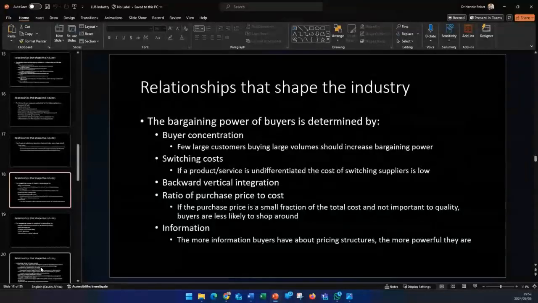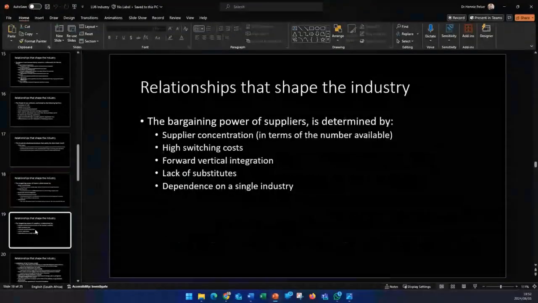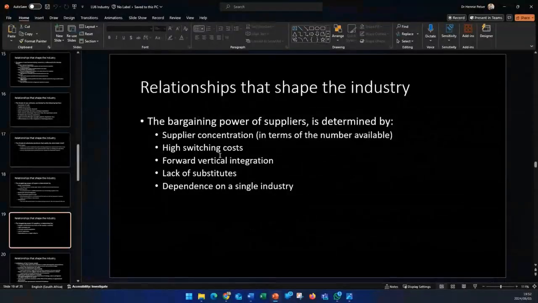And then, I've spoken about bargaining power of buyers. In terms of suppliers, how many suppliers there are will determine how strong the suppliers are.